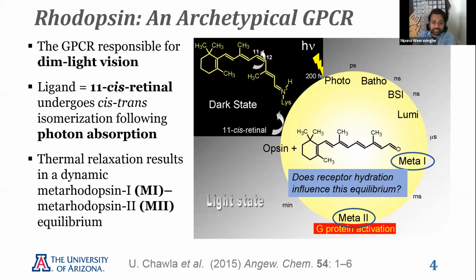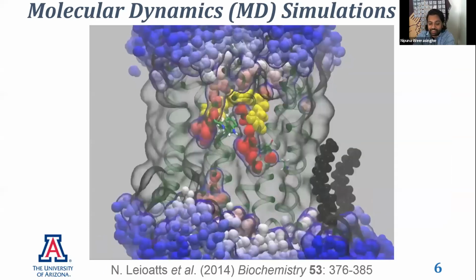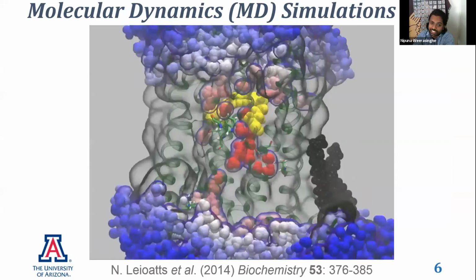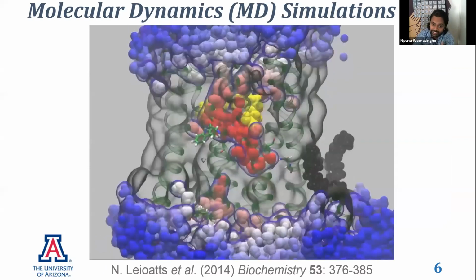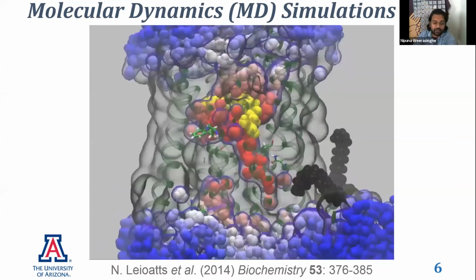But according to molecular dynamics simulations, during the activation process of rhodopsin, there is an influx of around 60 water molecules, which directly contradicts the X-ray crystallographic data we have just seen. So this is another few snapshots from that molecular dynamics simulation.